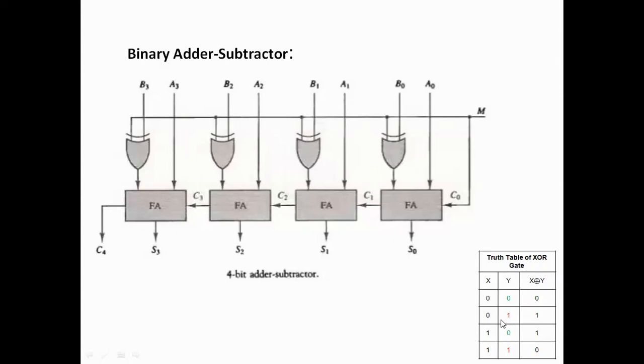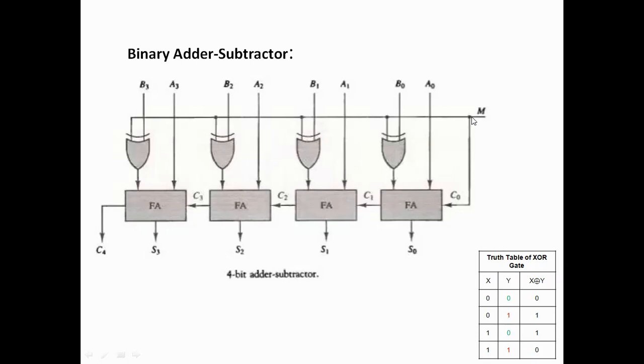If you look keenly at this, you will grasp the concept. Whenever Y is 1, the output is X bar, that is, this thing is inverted. This concept we can use here.